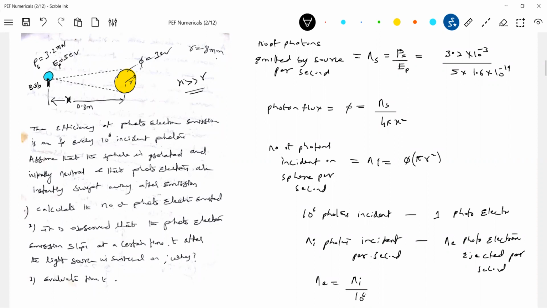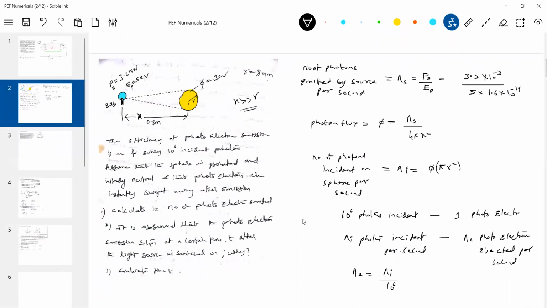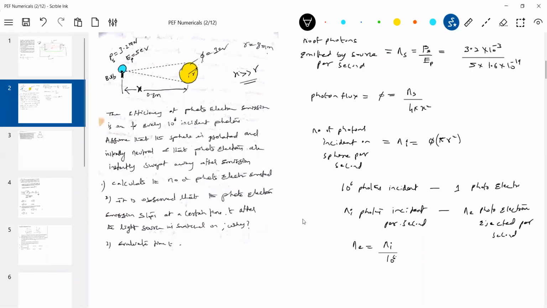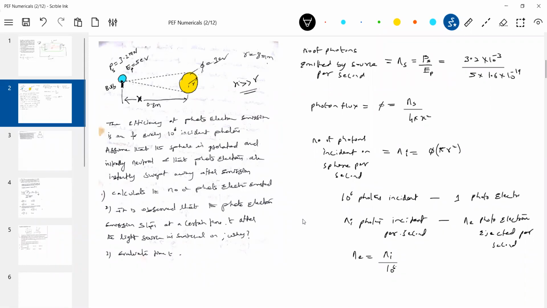As the metal is isolated, as it ejects photoelectrons, it will acquire a charge. So what will happen to the charge of this sphere? It will keep on increasing.